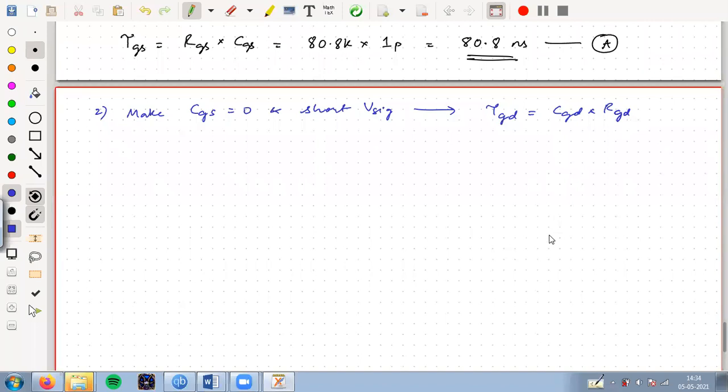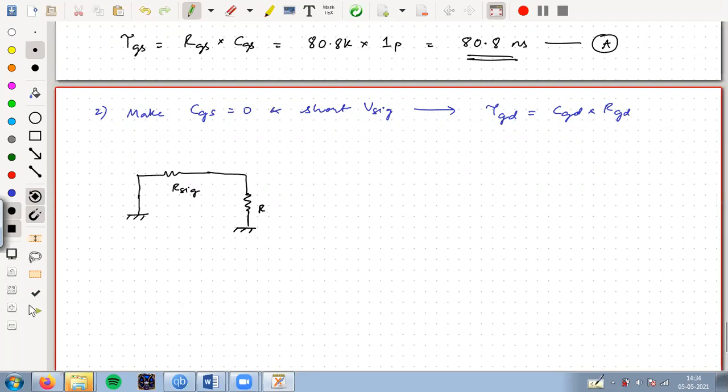Now what is RGD? RGD is the impedance seen across CGD. Again, if I draw the equivalent circuit diagram by removing V signal and CGS, I will get R signal like this. Then I have Rn.